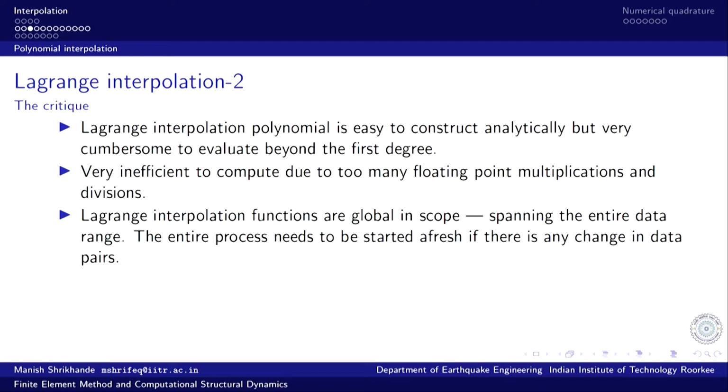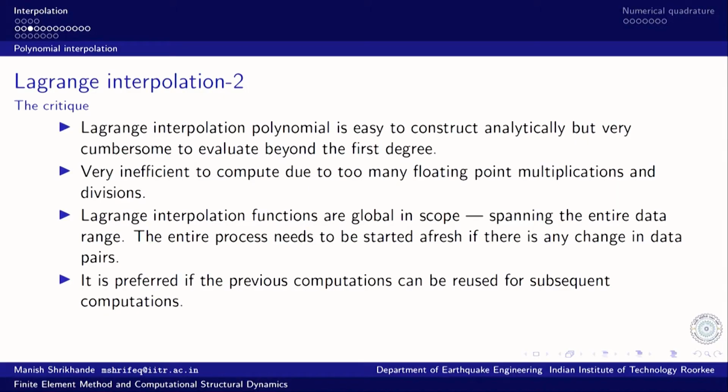So, even for one change in a data point, the whole process has to be repeated completely from the first step. And of course, when we talk of numerical computations and efficiency, it is preferred if previous computations can be reused for subsequent computations.